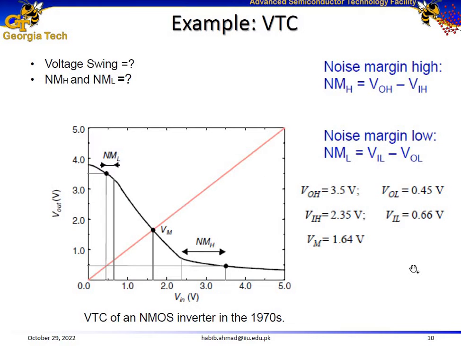We previously discussed this with the help of an example as well, how to determine the noise margins, and how to calculate the voltage swing. It's not given, but can anybody tell me what is the voltage swing for this plot? Or based on these parameters, can anybody tell me what is the voltage swing?